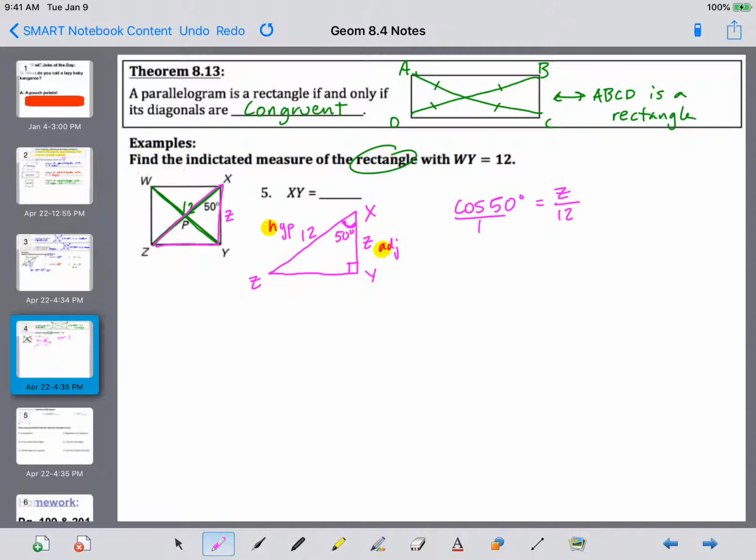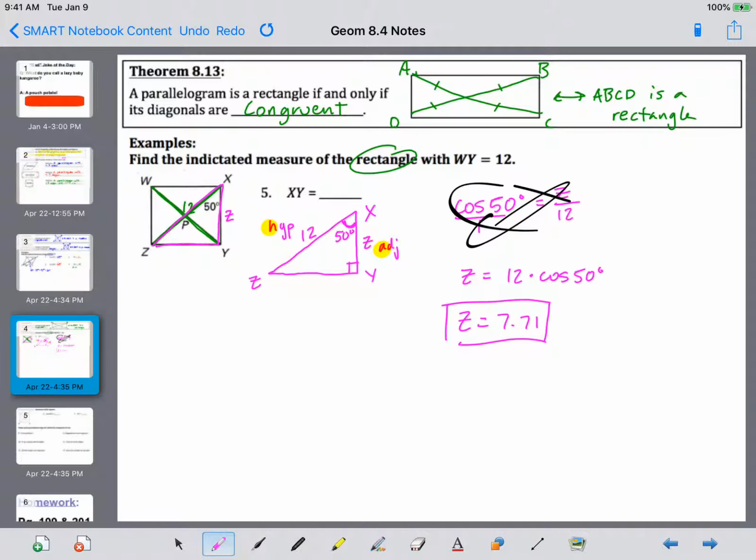Let's put a 1 under the cosine of 50 and go ahead and cross multiply. So 1 times Z is Z. And over here, 12 times the cosine of 50 will give us our answer. So if you plug 12 times cosine of 50 in your calculator, you should end up with about 7.71. All right, so that is your length for Z. Let's just put that in a blank that would give us XY. So there is our answer. XY is 7.71.